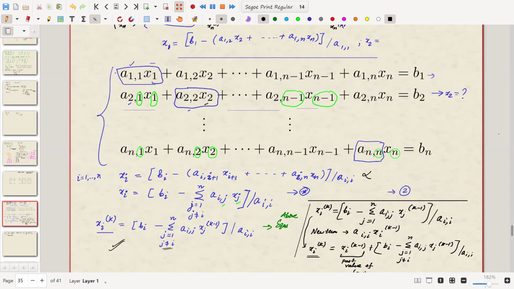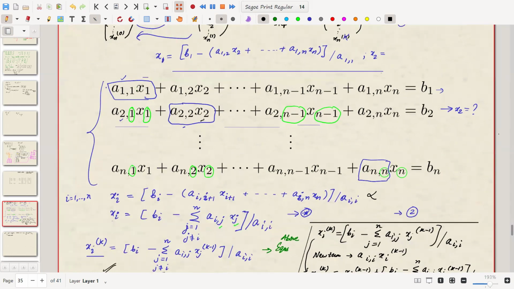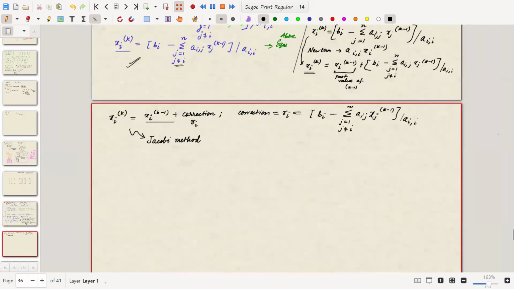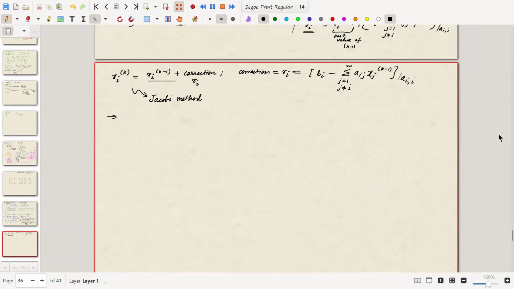Are you getting the trick here? How many of you are not getting? Okay, slowly you will get. What I am telling you is, you solved x1, right? Let me write this so you will understand. Let us come again. Solving the first unknown, that is x1. You are solving x1 at the kth iteration.